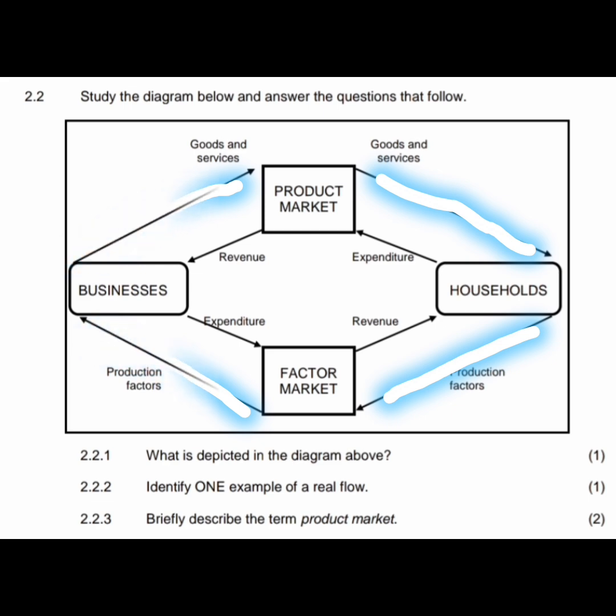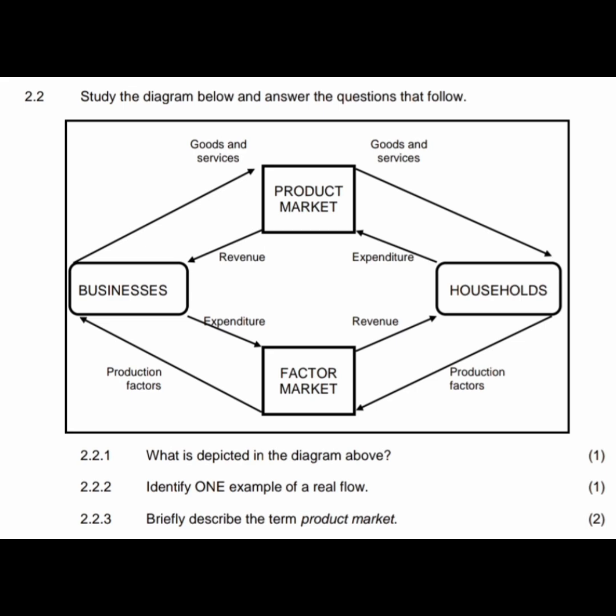This is real flow. And then we have arrows going to the left, which is expenditure, and then here we have revenue, here we have expenditure, and then here we have revenue. So now we know that this is the money flow, right guys? So here we know that this is a closed economy because there is no foreign sector.